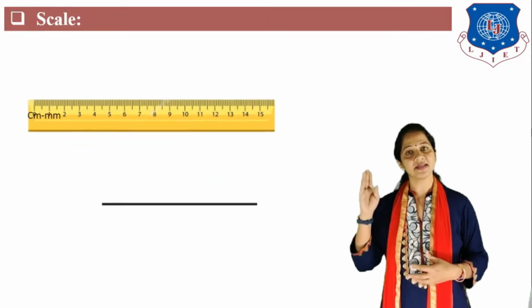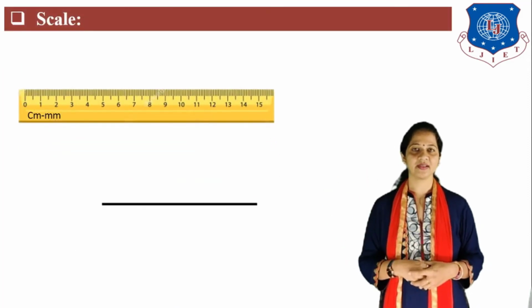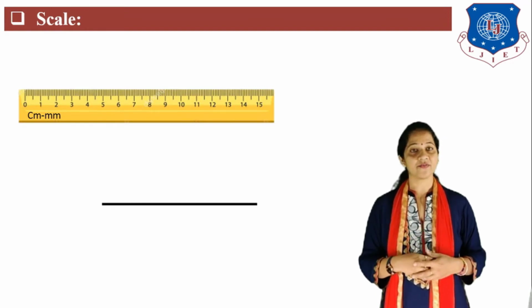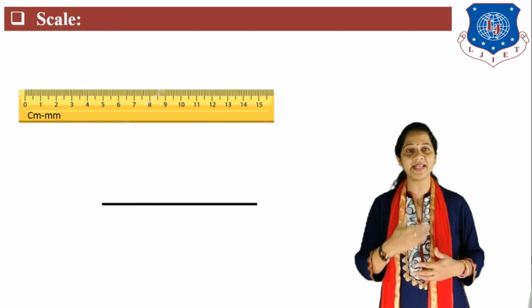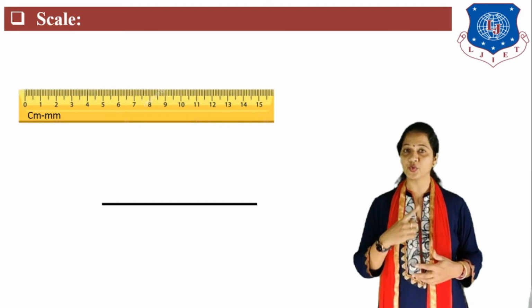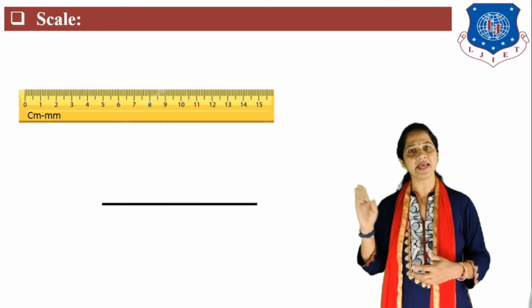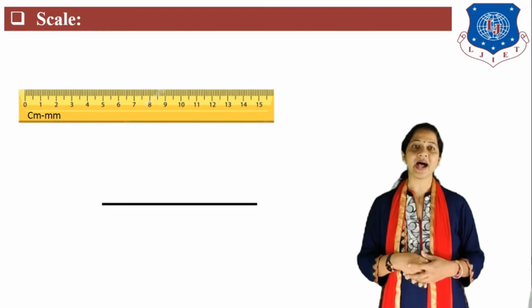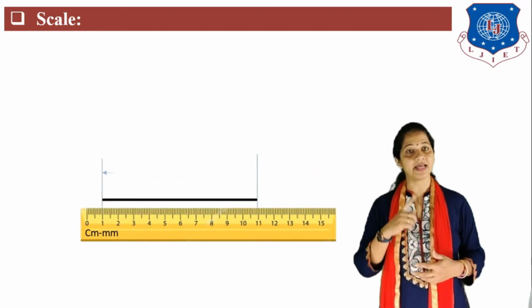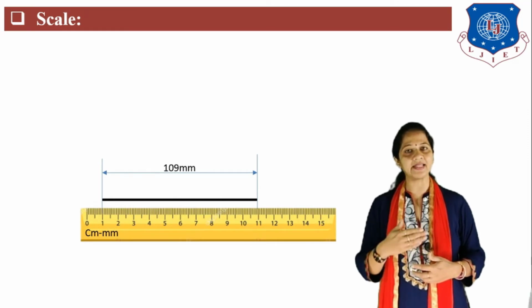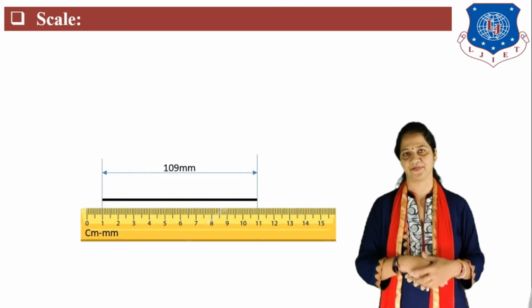Next is scale. Scale is used to draw a line of a specific linear length or to take linear measurement. Here you can see that I have measured the length of the line as 109 mm.